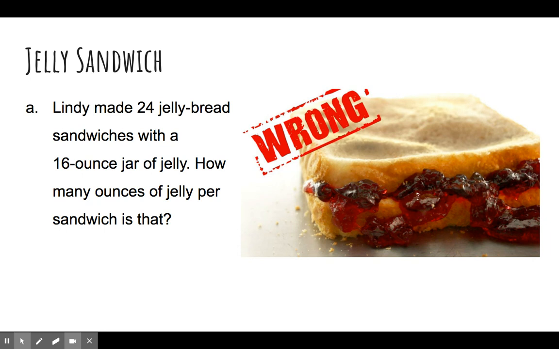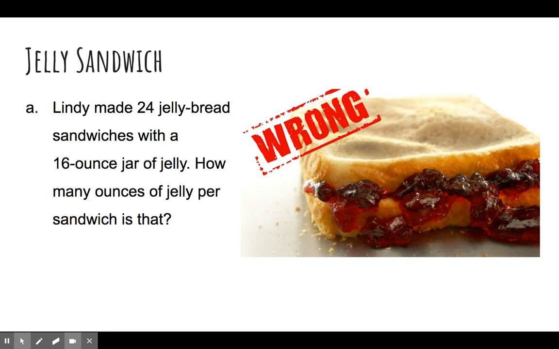So we have 16 divided by 24, 0.666 repeating, 7. We know what that looks like from our last problem. So let's round that to 0.67 is our answer. And then we have ounces per sandwich.